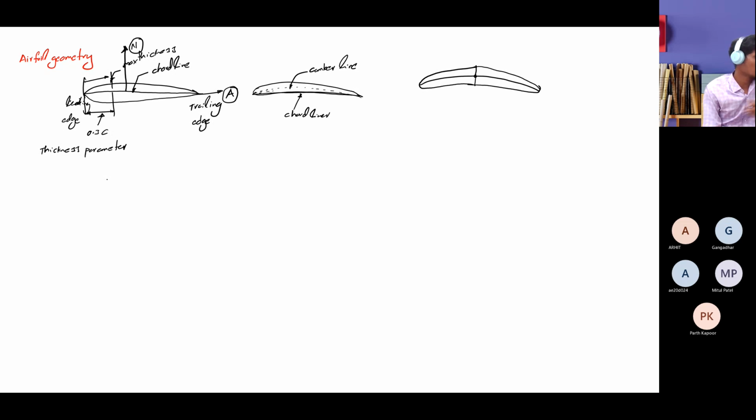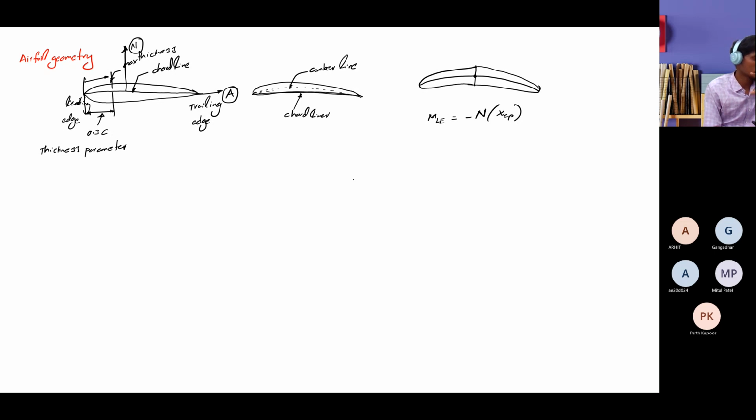And then we have, I think we discussed many queries on these concepts last time, the moment about the leading edge. Moment about the leading edge is the normal force times x Cp, where Cp is the center of pressure location, and we generally indicate whether it is clockwise or counterclockwise.